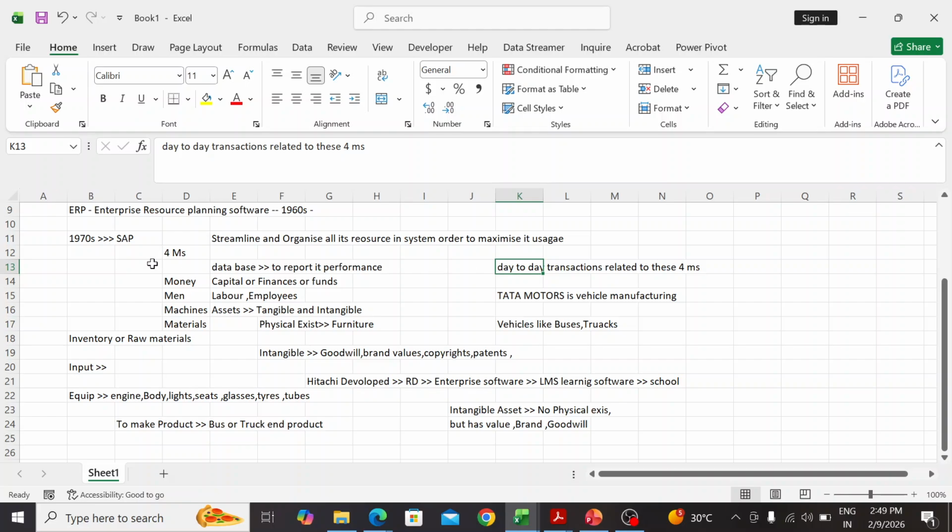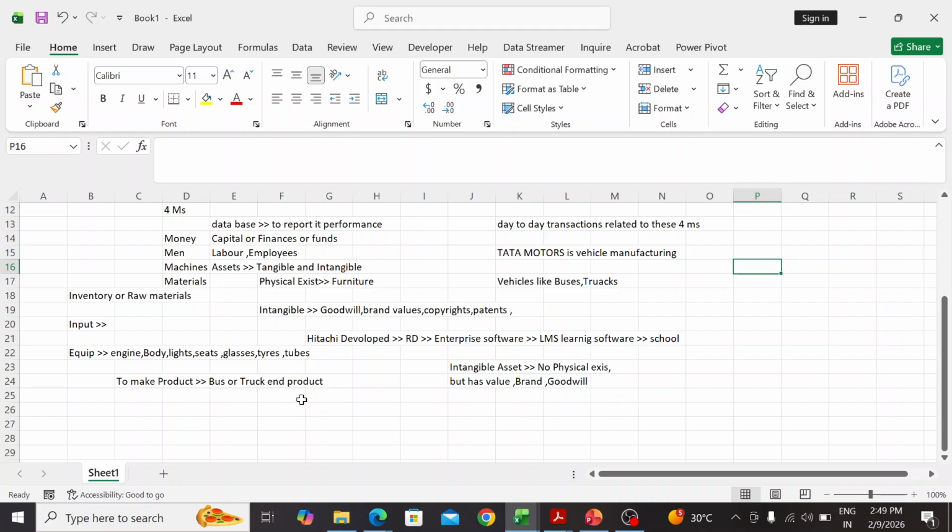Moreover, these involve a lot of day to day transactions. For example, to produce a truck, they require 10 days. In those 10 days, they have to pay wages to the employees, pay the rent, pay the current bill, procure the raw material, and initially invest the money.